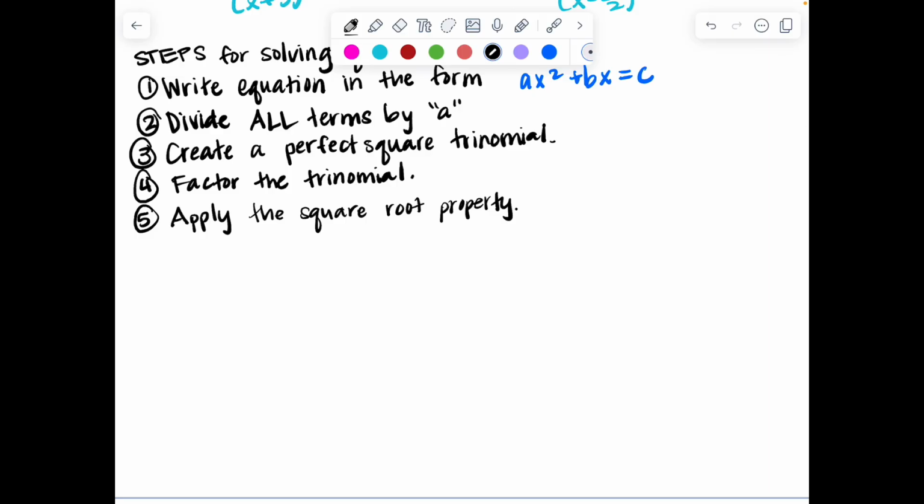Okay. So here's our first example. n squared equals -72 minus 18n. So step 1 is to get it into the correct format. So I need to move my b term to the other side.